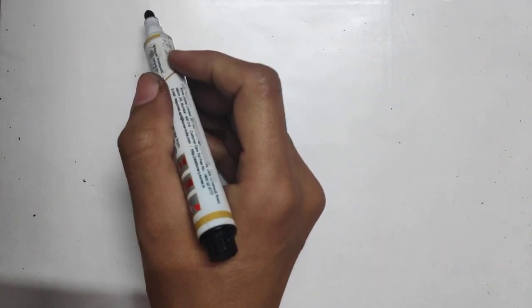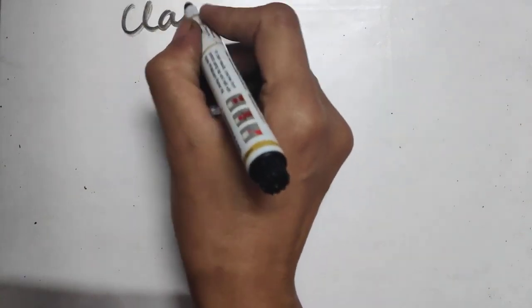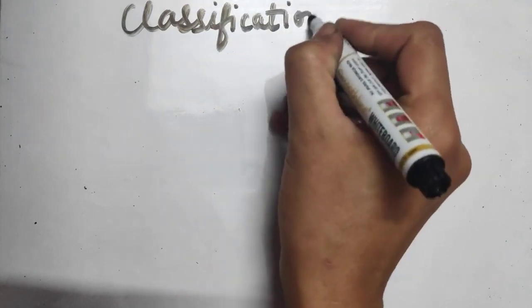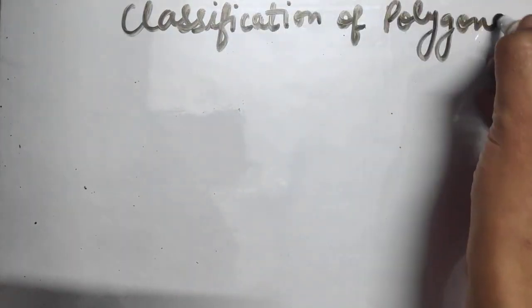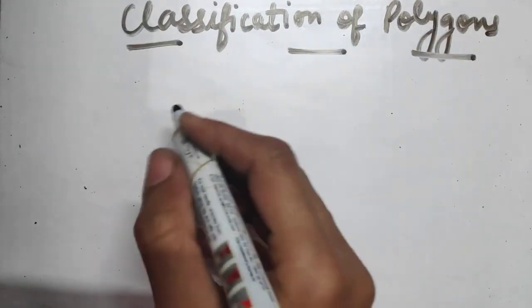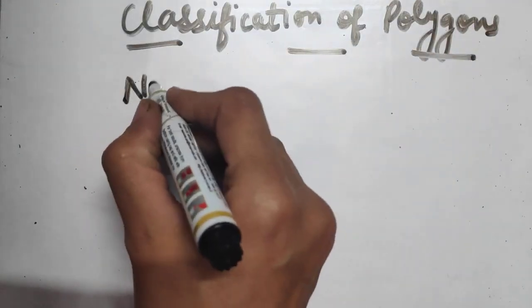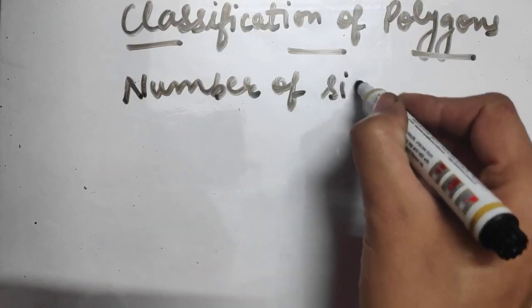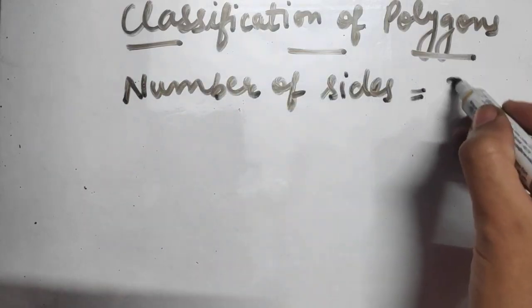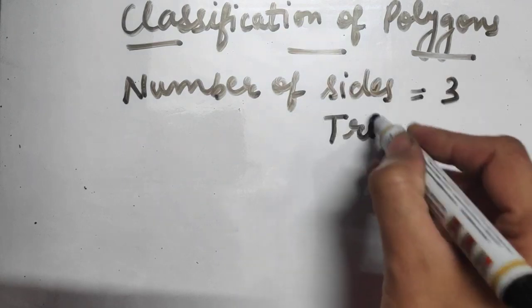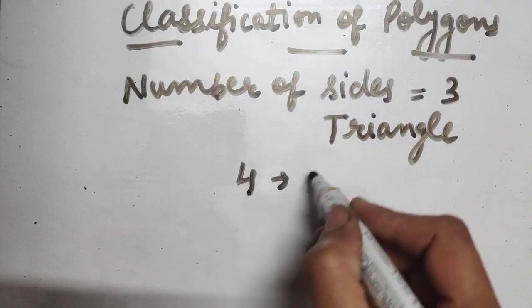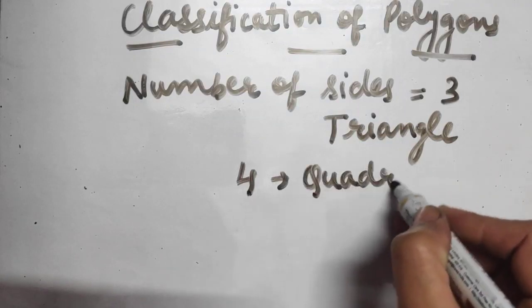Now let us talk about classification of polygons. If the number of sides equals 3, then it will be a triangle. If the number of sides equals 4, then it will be a quadrilateral.